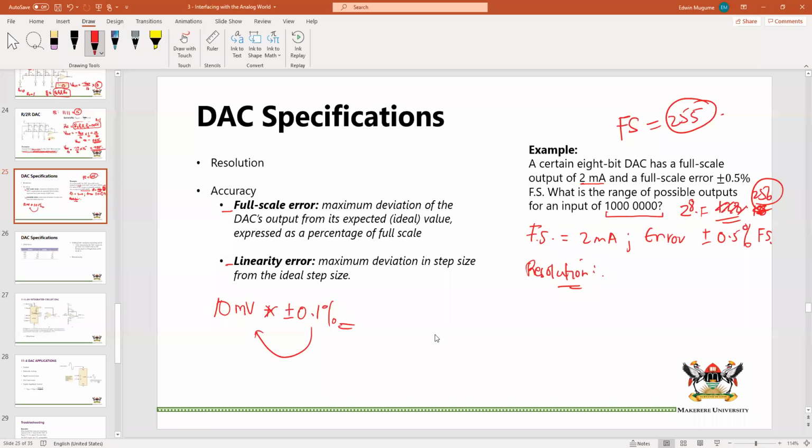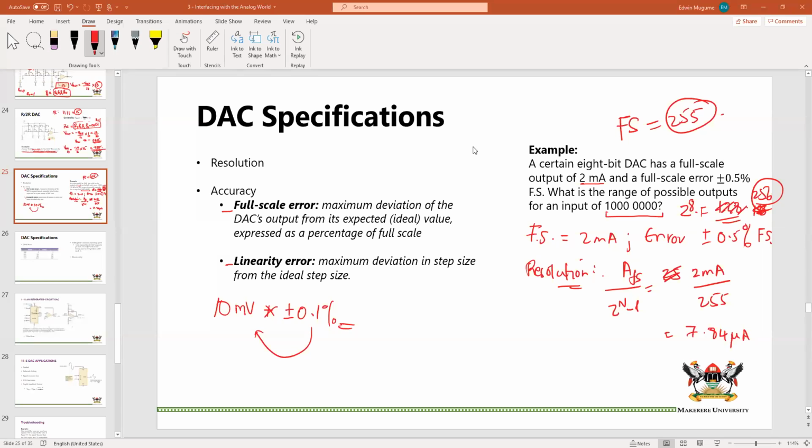The resolution is FS, which is the full scale, over 2 to the power n minus 1, which is, in this case, 2 milliamps over 255, which is 7.84 microamperes.